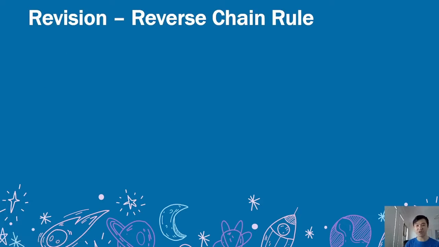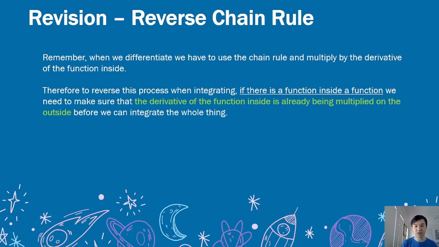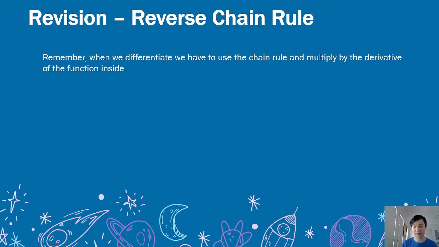So let's look at reverse chain rule type questions. Before we talk about that, let's just talk about the reverse chain rule. Remember, when we differentiate anything, we have to use the chain rule and multiply by the derivative of the function inside. That's something you learned in year 11 when you looked at how to differentiate. If there's a function inside, you need to also differentiate the function inside and multiply on the outside when you differentiate the entire thing.